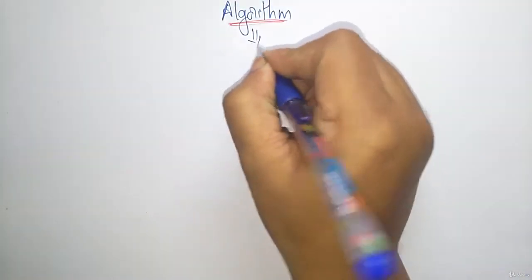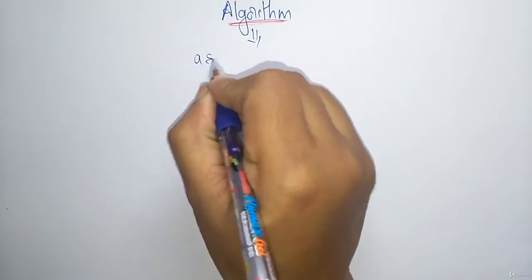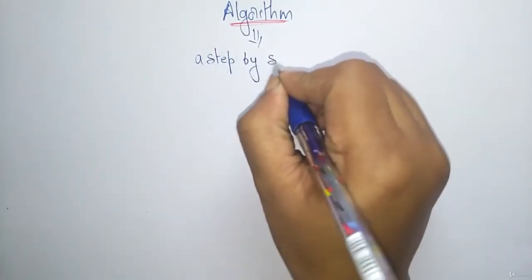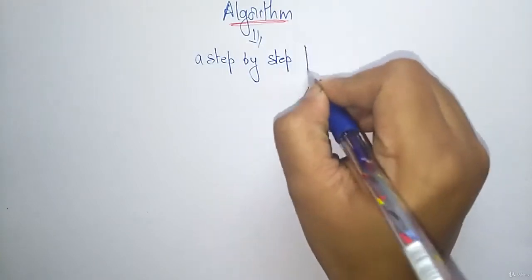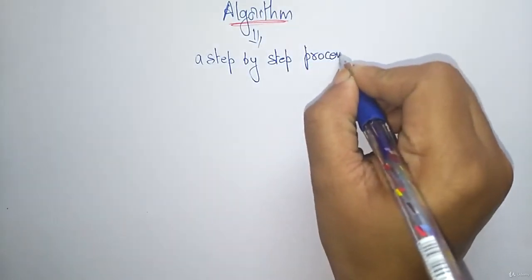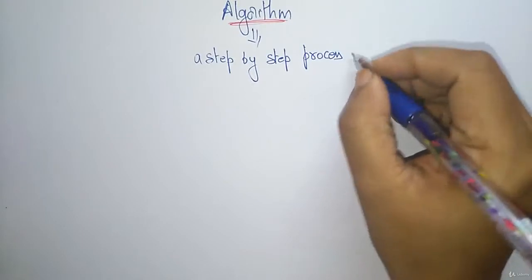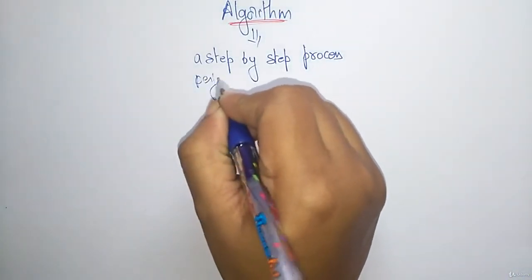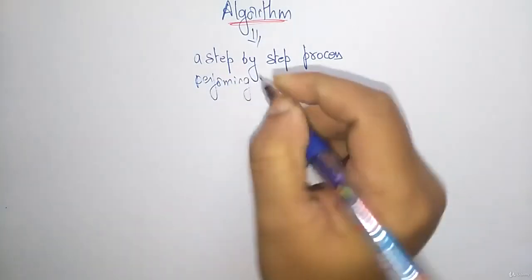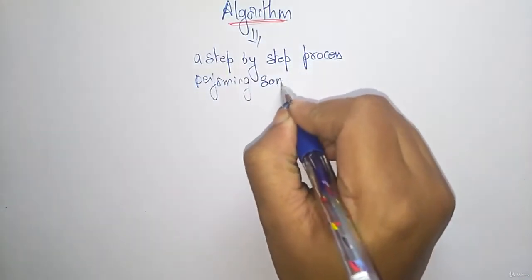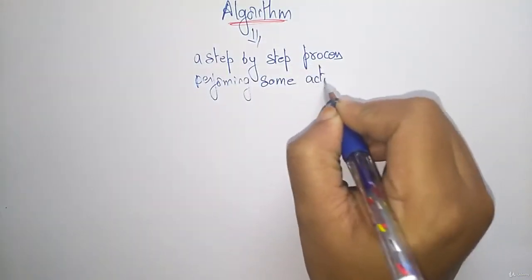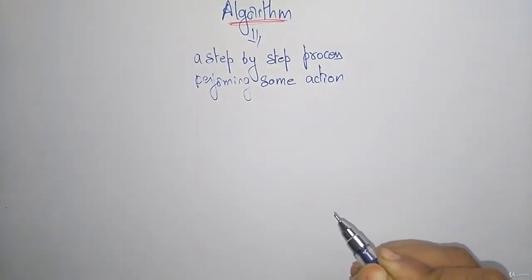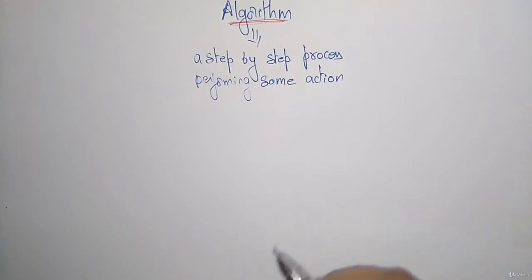Actually, algorithm refers to a step-by-step process performing some action. Okay, so algorithm is nothing but a step-by-step process performing some actions.